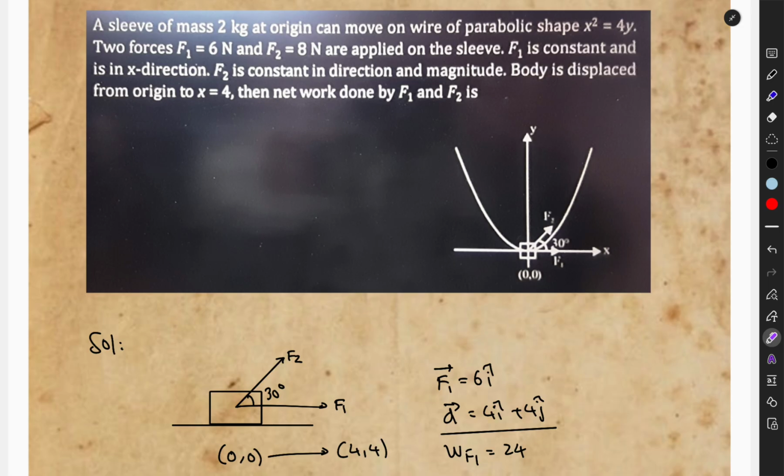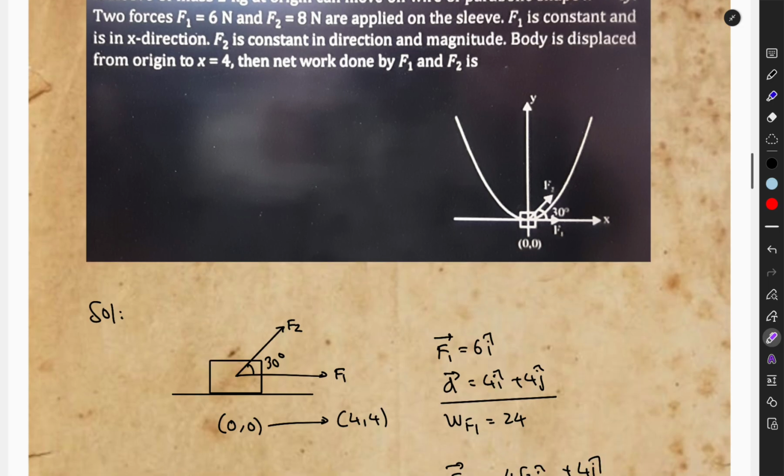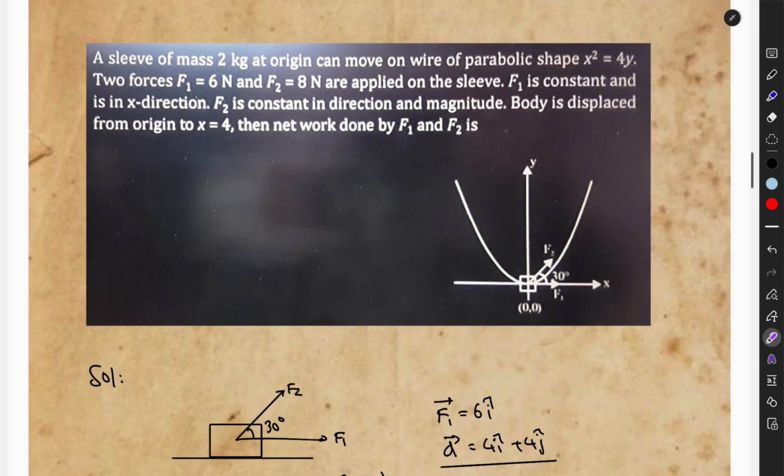A sleeve of mass 2 kg at the origin can move on a wire of parabolic shape, x square is equal to 4y. Two forces, F1 is equal to 6 Newton and F2 is equal to 8 Newton, are applied on the sleeve.